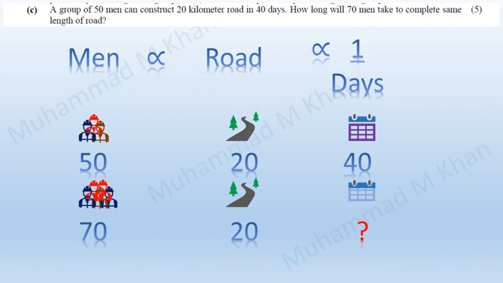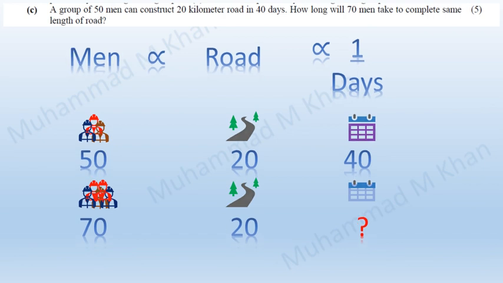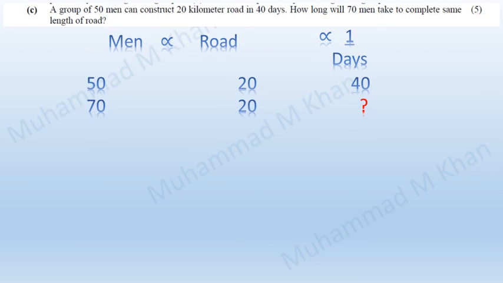Let us calculate. We can arrange the given information in the form of a proportion. On the left hand side, we have 50 divided by 70. This will be multiplied with the product of these two ratios, 20 over 20, because the length of road required to be calculated is the same, and it will be multiplied with the ratio of days, but we will take care that this is inversely proportional to the men.